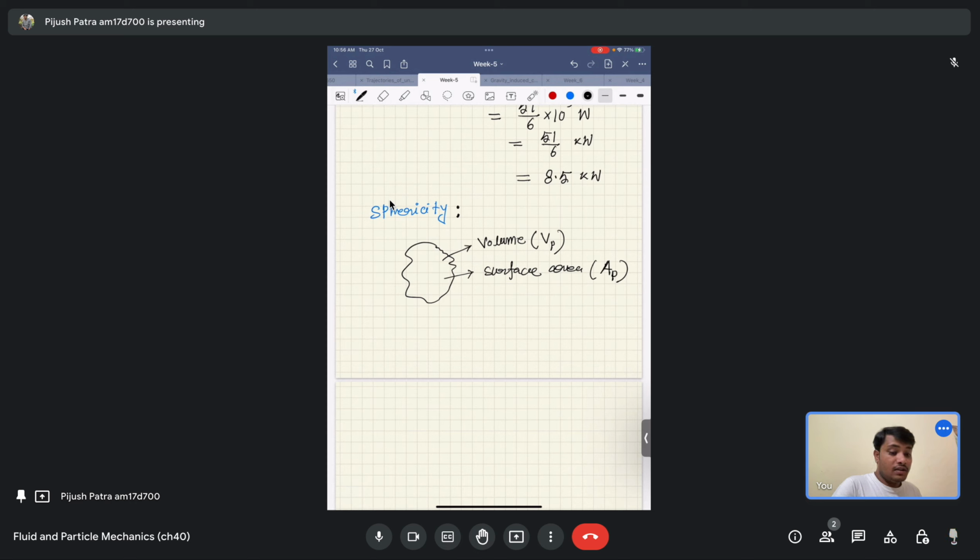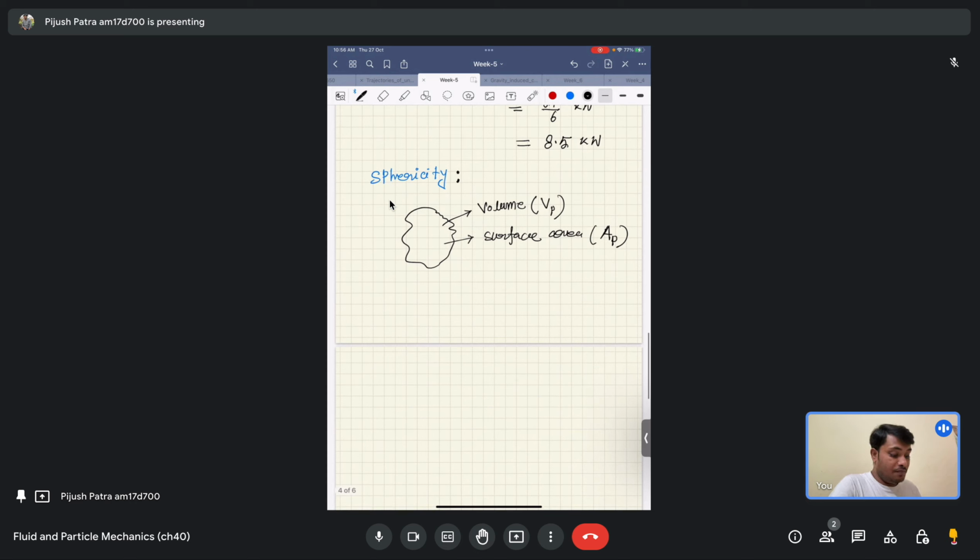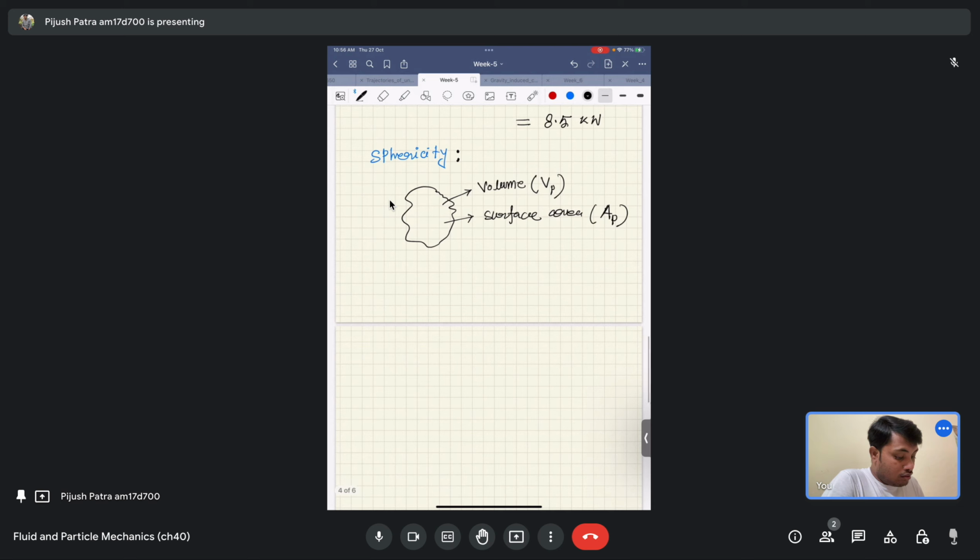So let's say the diameter of the sphere is dp. What is the volume of the sphere having diameter d? It is pi by 6 d cube.